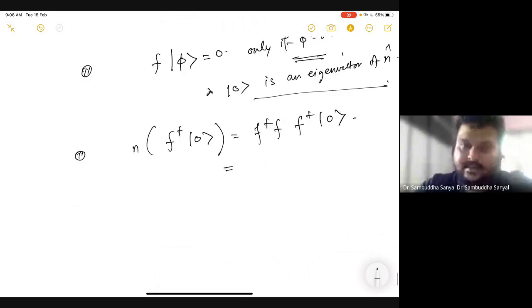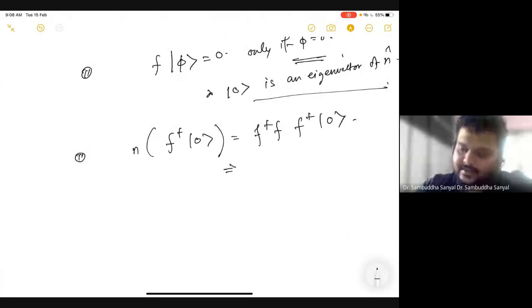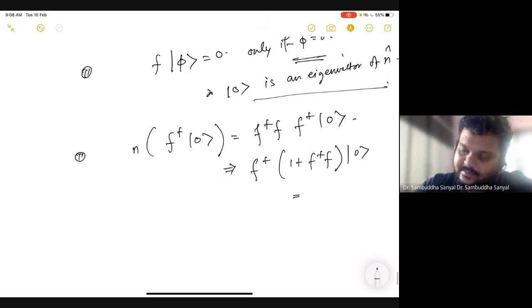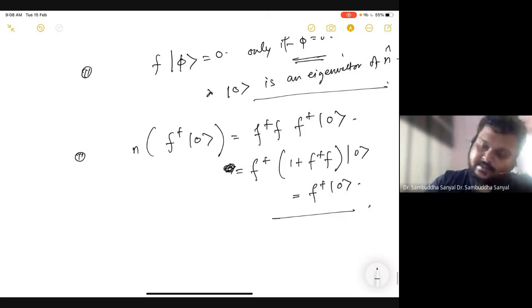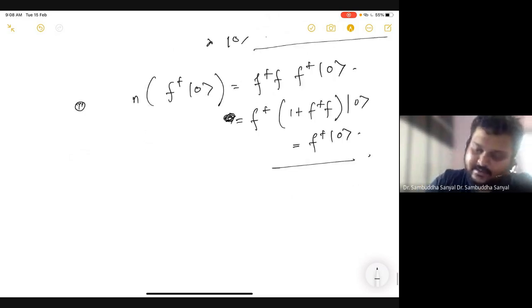That means I can use the anti-commutator. So f f dagger is 1 minus f dagger f, acting on 0, and that is equal to f dagger 0. So that means f dagger 0 is proportional to 1.